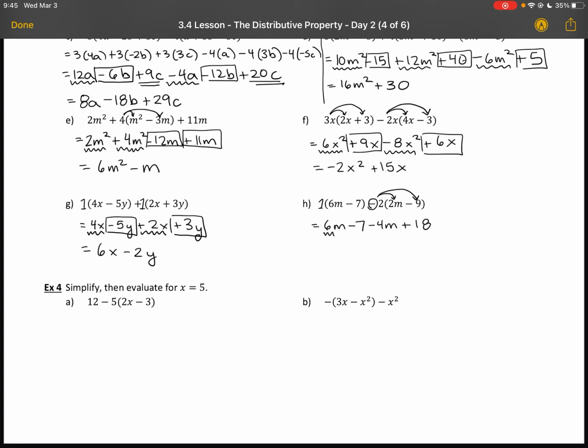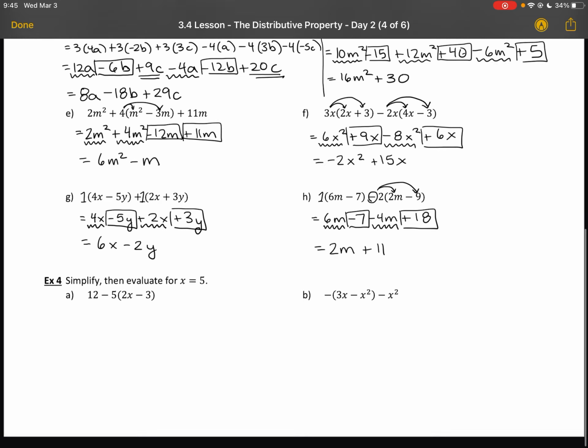Now I can look for my like terms, and I can collect them to simplify my expression. 6m minus 4m is 2m, and minus 7 plus 18 would be positive 11.